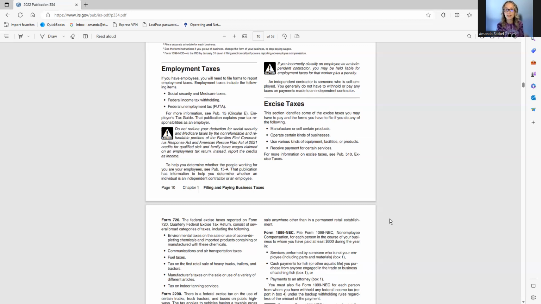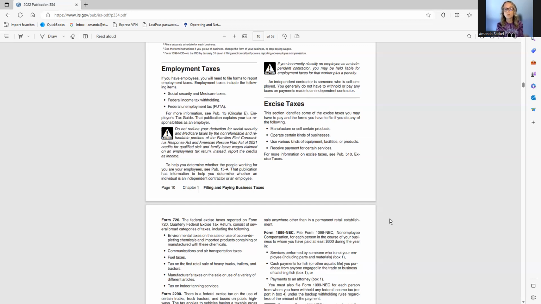Caution: if you incorrectly classify an employee as an independent contractor, you may be held liable for employment taxes for the worker, plus a penalty. An independent contractor is someone who is self-employed. You generally do not have to withhold or pay any taxes on payments made to an independent contractor.